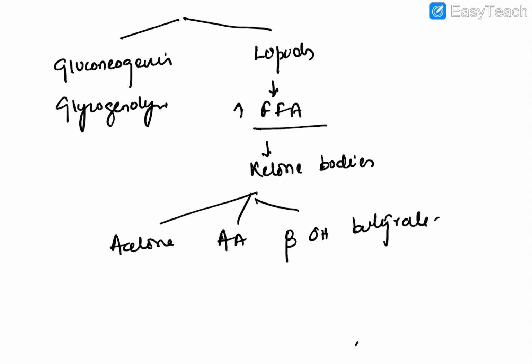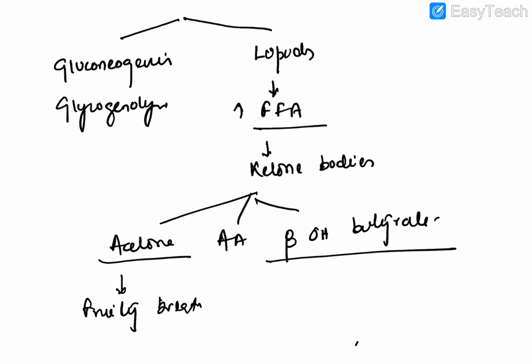This acetone is responsible for the fruity breath that we find in DKA patients, and the beta hydroxybutyrate is responsible for the nausea, vomiting, and hence dehydration that is found as a sign in patients of DKA.